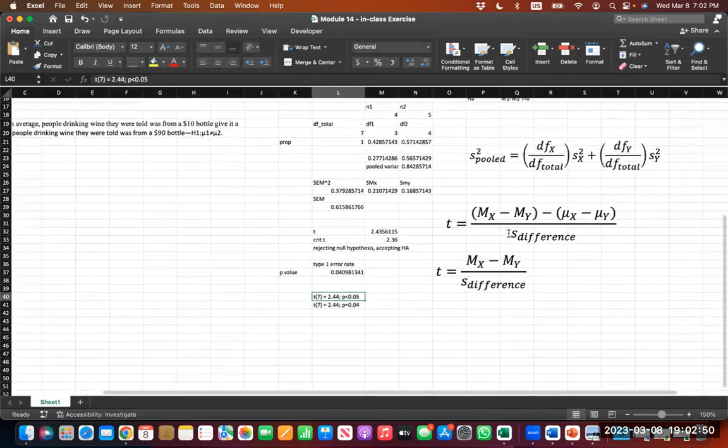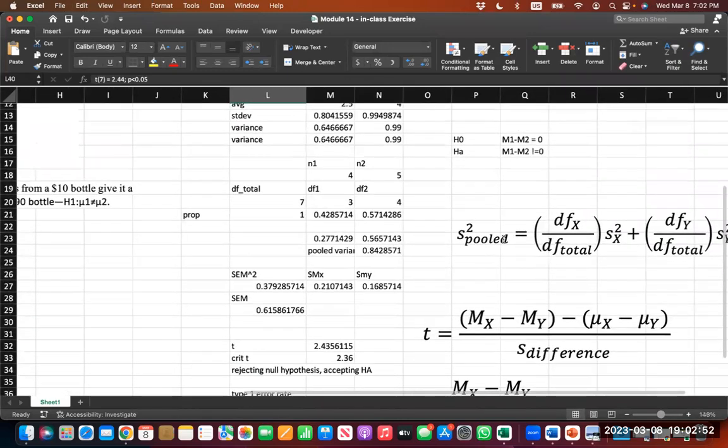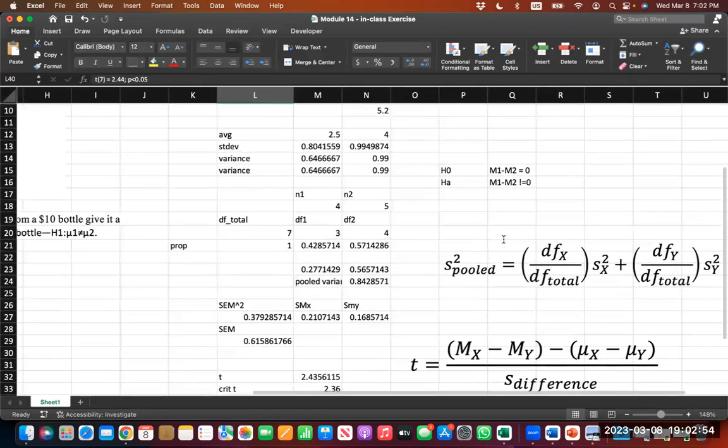I know this is a little involved, but keep in mind how it was calculated. Essentially, you calculate your averages and your variances for each of the two samples. You get the degrees of freedom, where you calculate the proportion of the respective degrees of freedom in your sampling, based on the overall degrees of freedom, which is the sum of the degrees of freedom for those samples.